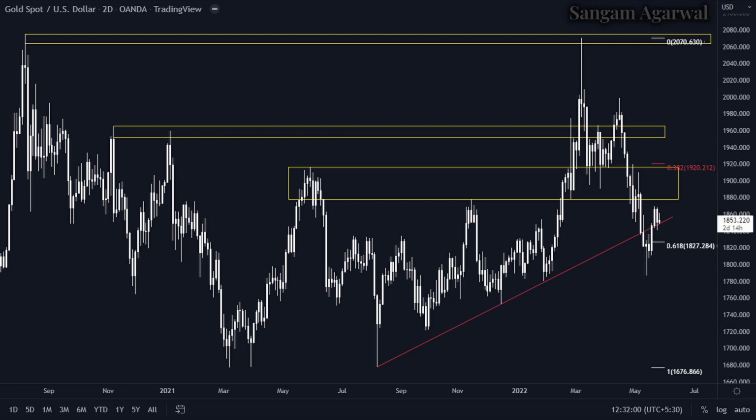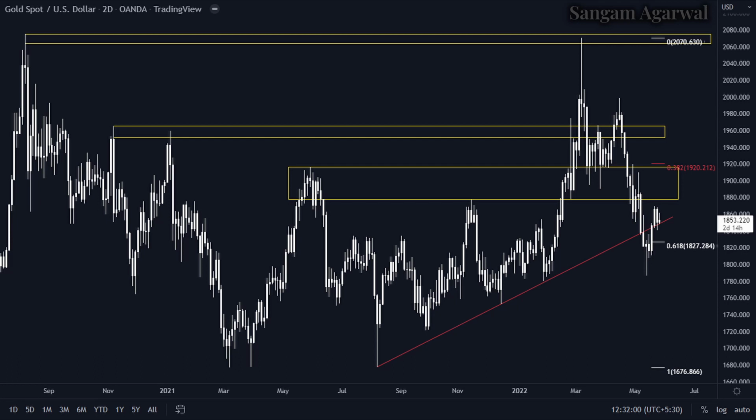If we go to the daily time frame, we have this strong resistance area. It is still trading below this resistance level, and it has the 1877 and 1916 levels, which will decide the next trade for gold price.